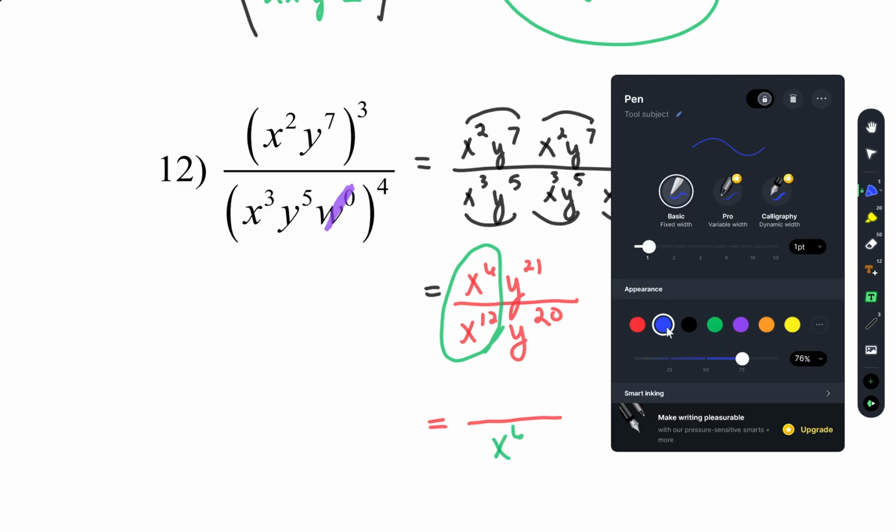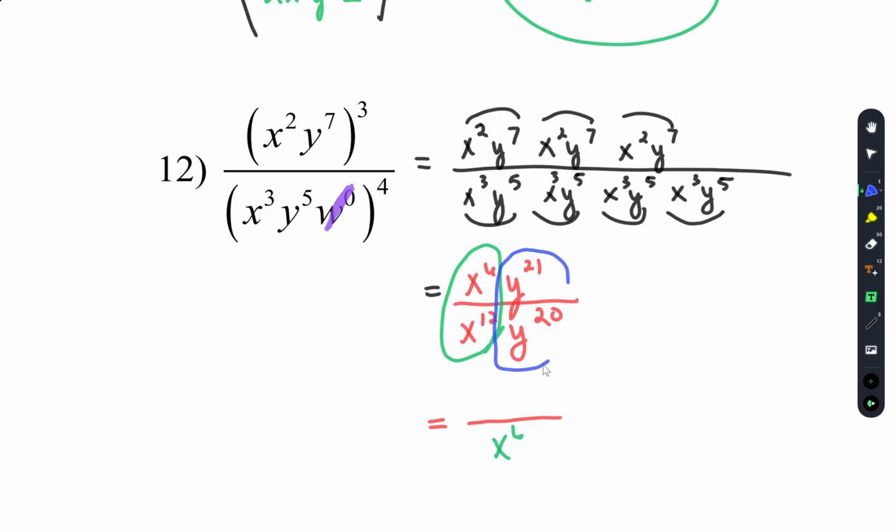Now with the y's, it's a close game, but we've got 21 on the numerator, 20 on the denominator. So all the denominators are going to cancel. So you're left with 1y on the numerator. You can put the 1 on there, but they usually don't write that because it looks kind of goofy.